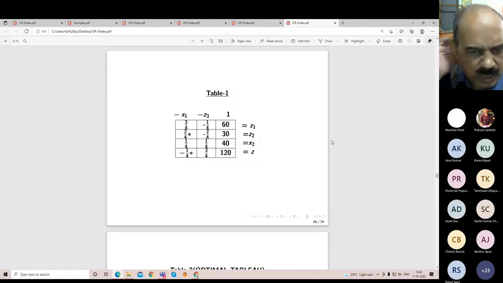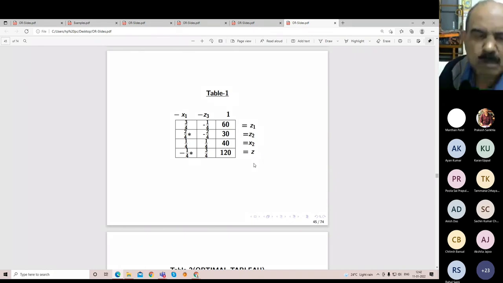Presently, talking row-wise, in the first row: 3 by 4, minus 1 by 4, 60. Then 2 by 4, minus 2 by 4, 30. 1 by 4, 1 by 4, 40. Minus 1 by 4, 3 by 4, 120. Now we have put some labels. Basic variables and non-basic variables.